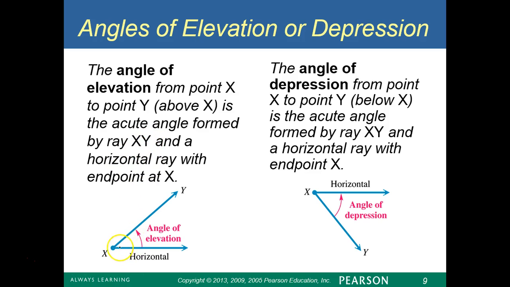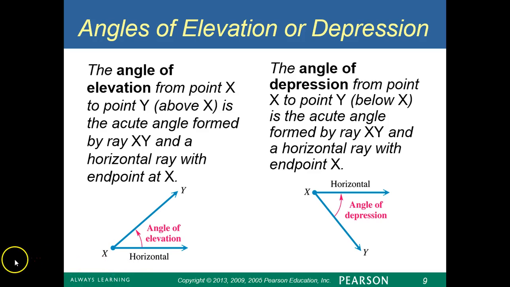So here we have our horizon, and our angle of elevation is like when our eyes are looking up. The angle that our eyes are pointing upwards, or the angle our head is moved upwards, is called our angle of elevation. Now, for the angle of depression, we have our horizontal here, and we are looking down. So that is our angle of depression.